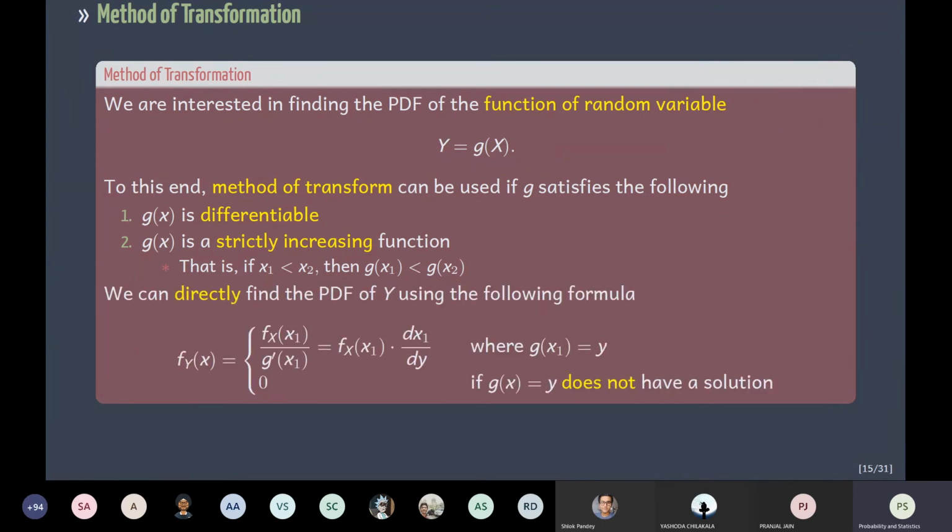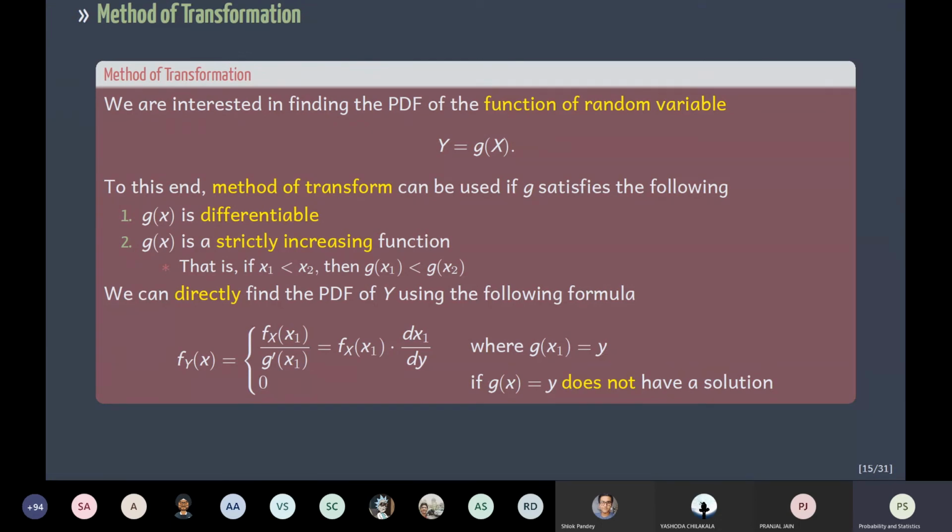In this case, the claim is that we can directly find the PDF of Y using this formula. So you can directly write the PDF. What does this mean? This is f_X(x1) divided by g prime of x1, and this is the same thing as saying f_X(x1) times dx1 by dy, where g(x1) is y.